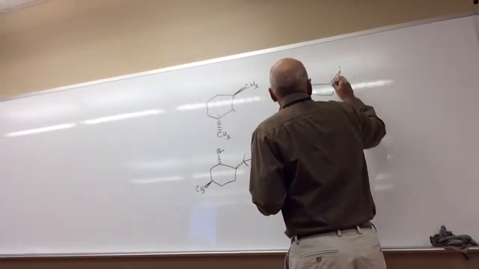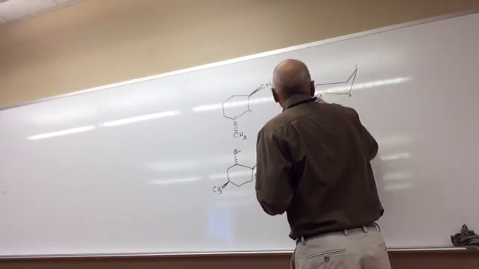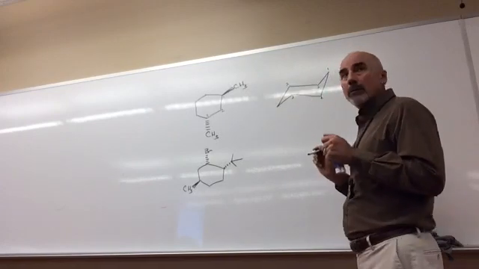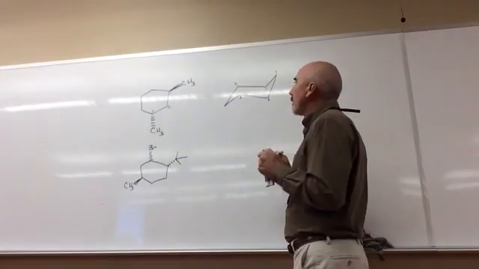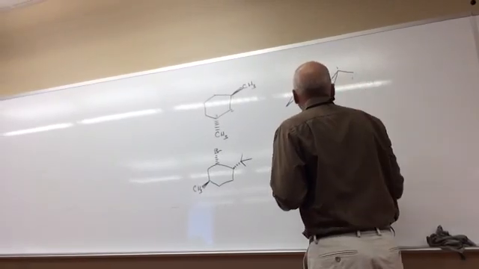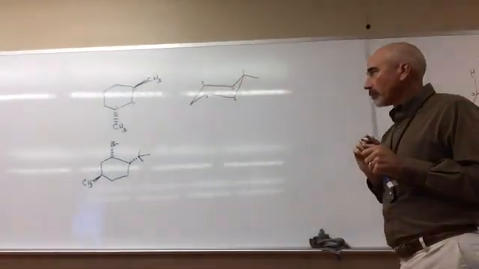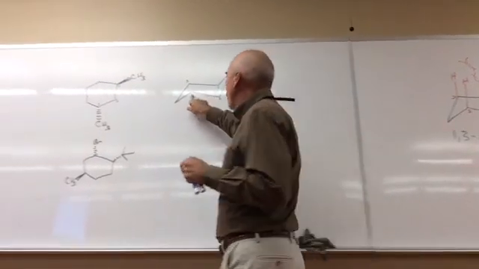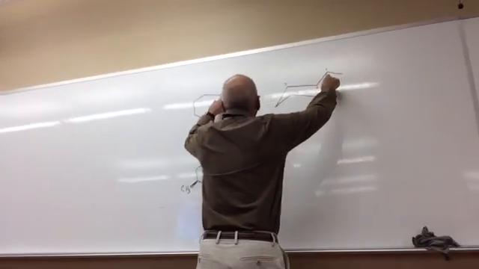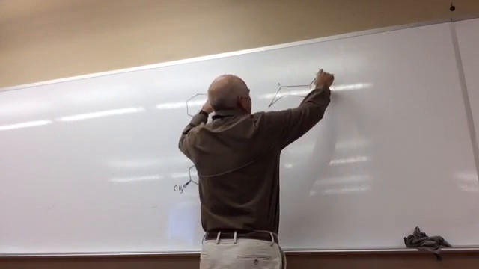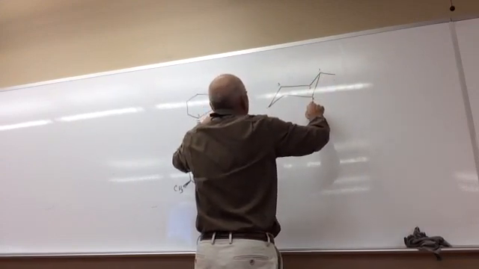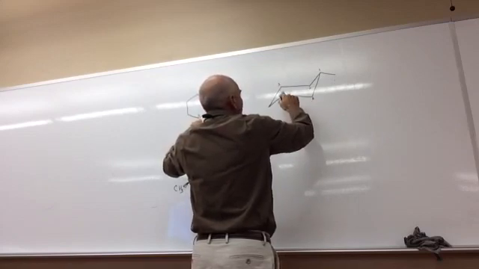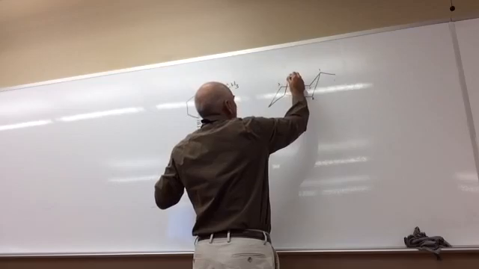You could go 1, 2, 3 over here. You number them either way. I'm going to put this one equatorial on this carbon. So if it's cis, equatorial, axial, equatorial, but it is trans, so it's axial.